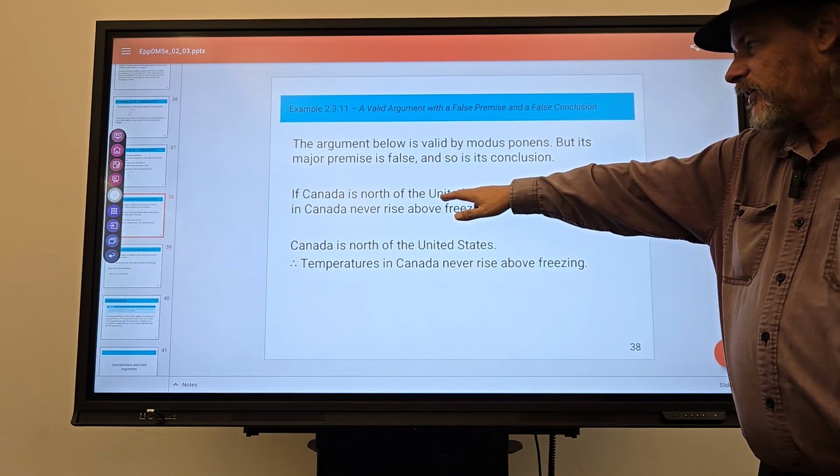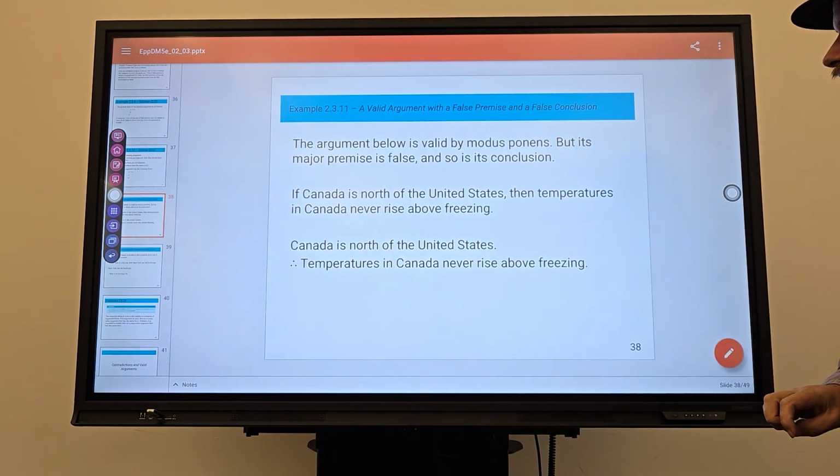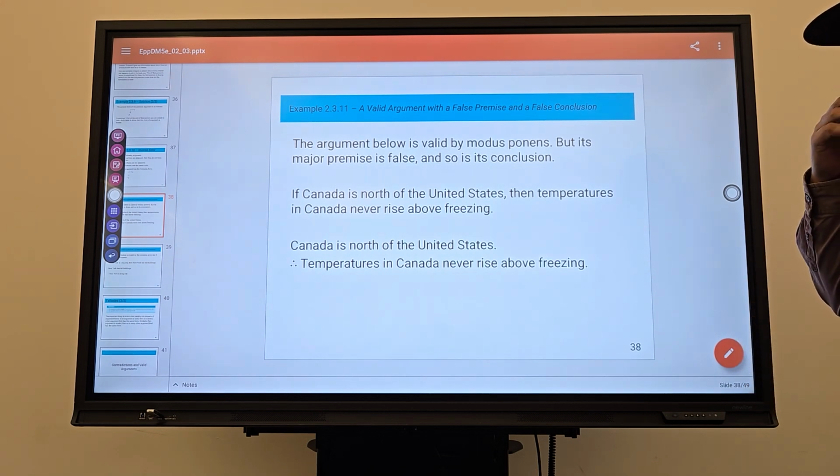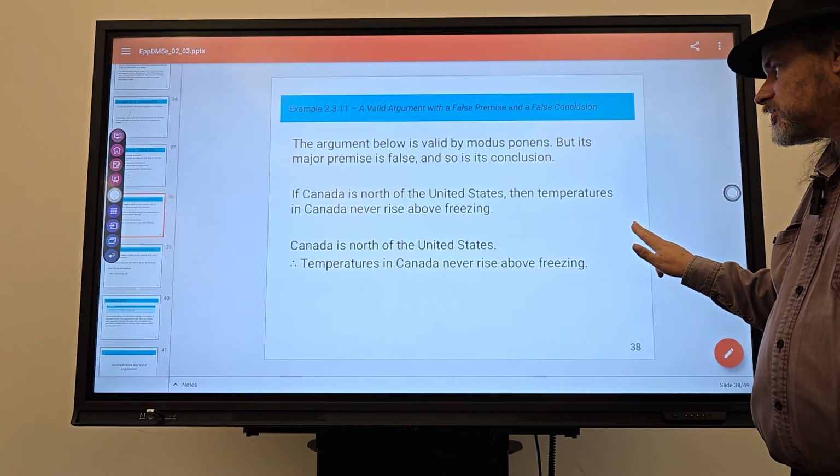Well, this is false, so the conclusion is false. So it's a valid argument form, but a false premise can give a false conclusion.